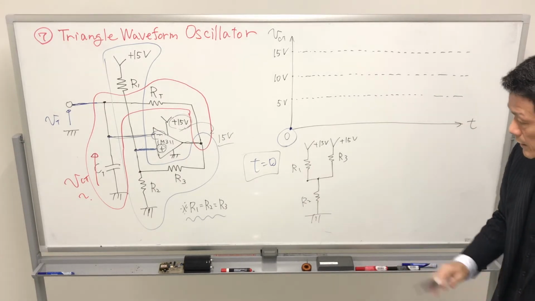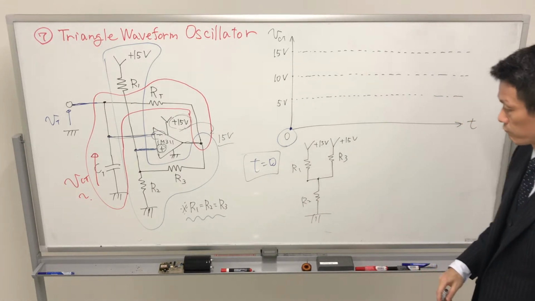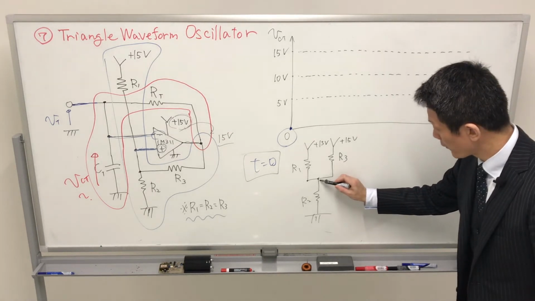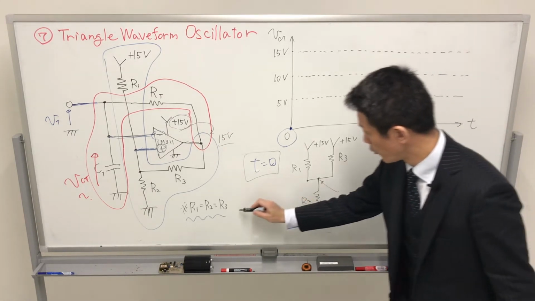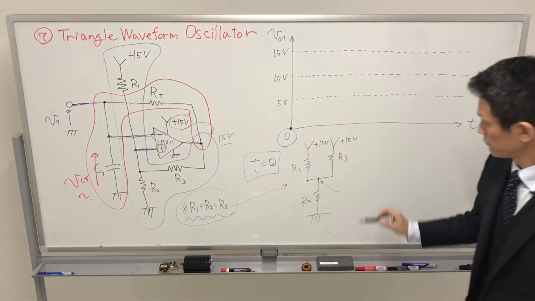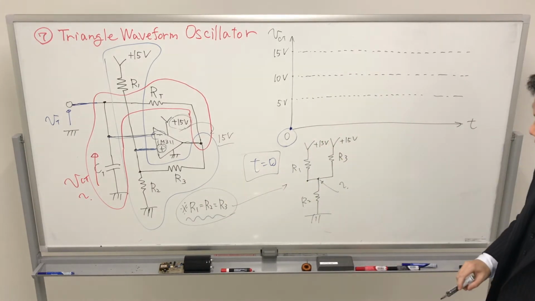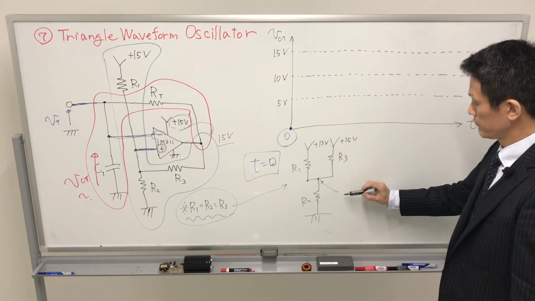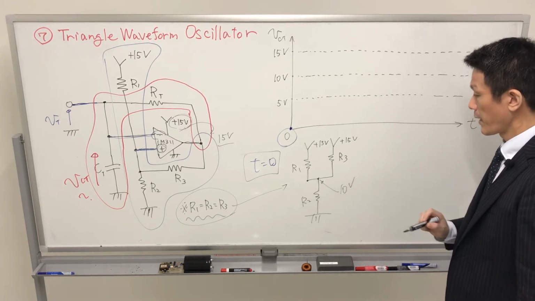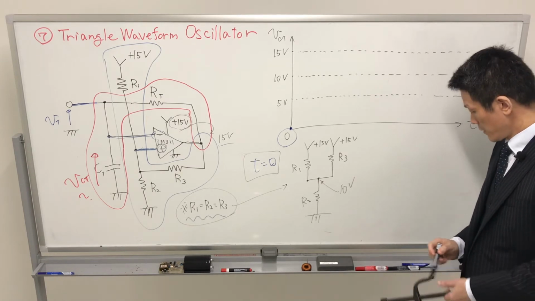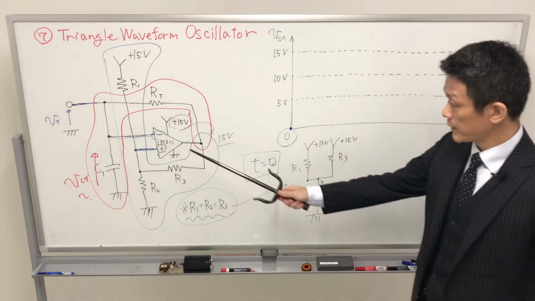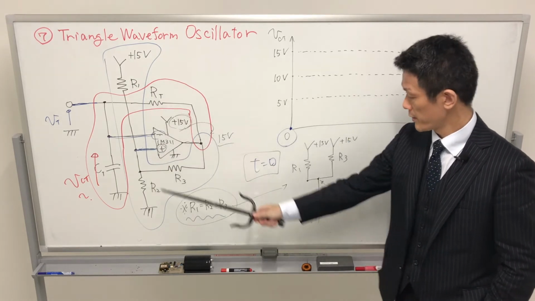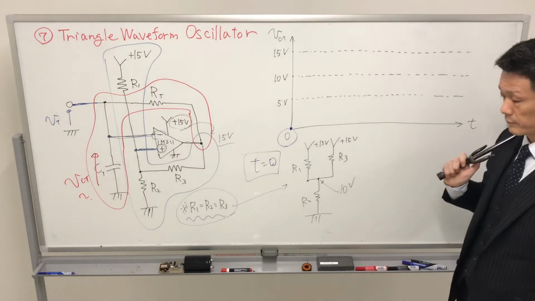This is the equivalent circuit. What is the voltage over here? The condition is here. Very easy. So at the positive side terminal, this voltage is a constant voltage of 10 volt. Okay.